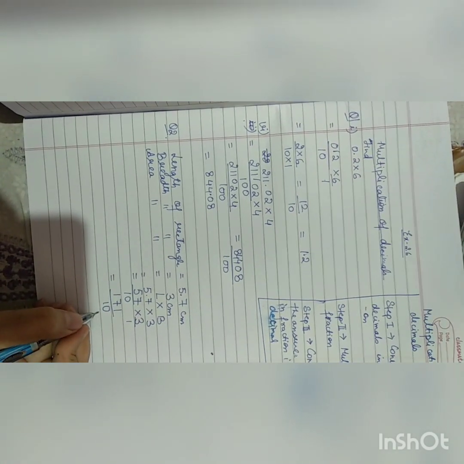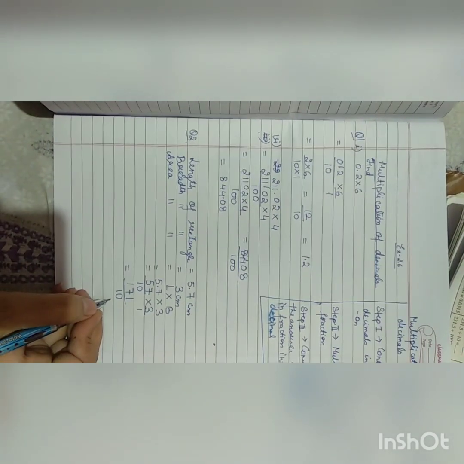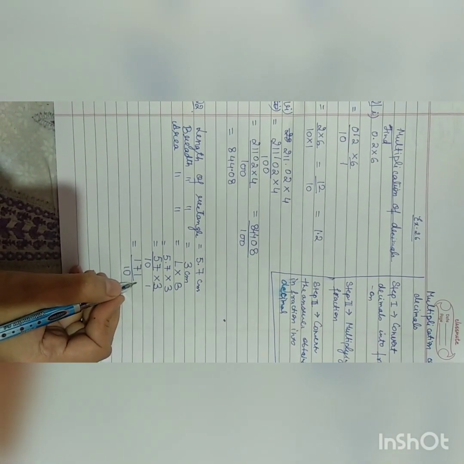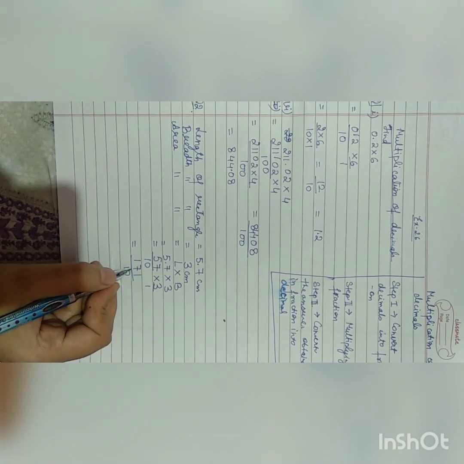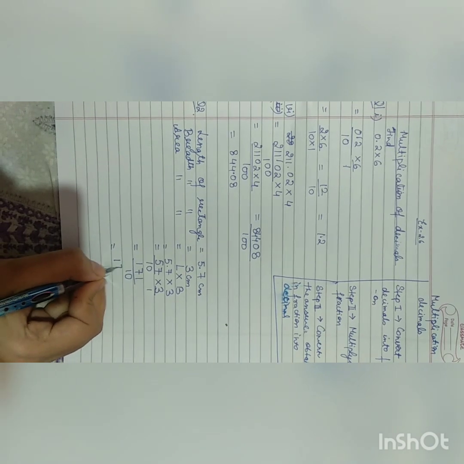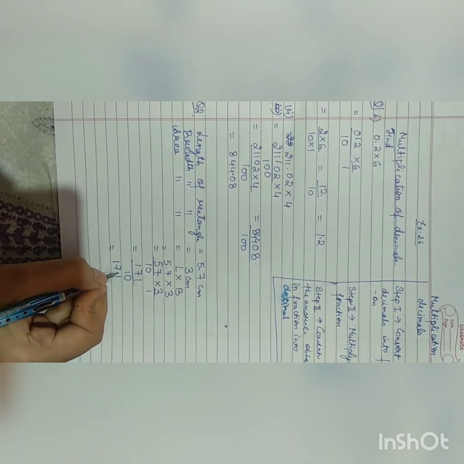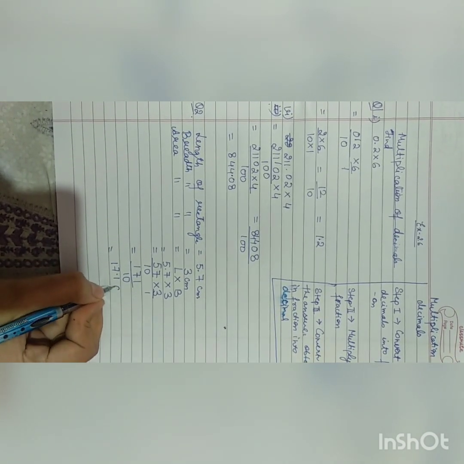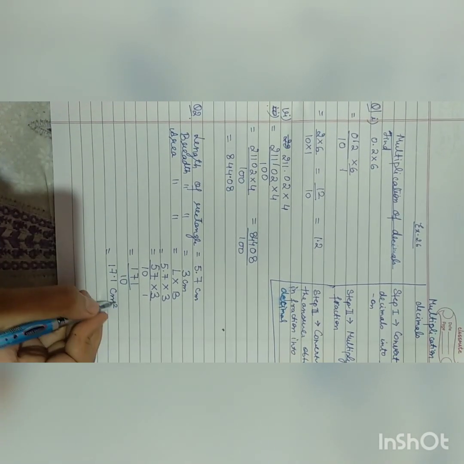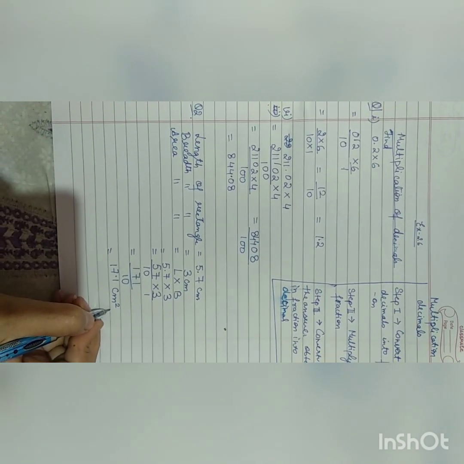Now in the denominator there is only one 0, so we will put the decimal after 1 digit in the numerator, counting from backward. So it will become 17.1 centimeter square, because we are finding area and the unit of area is centimeter square.